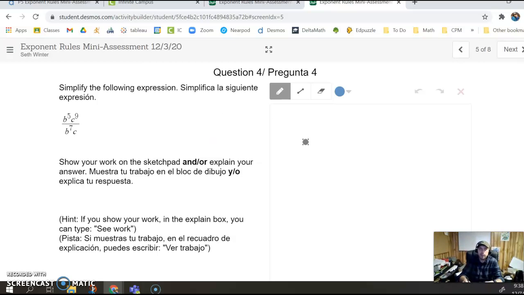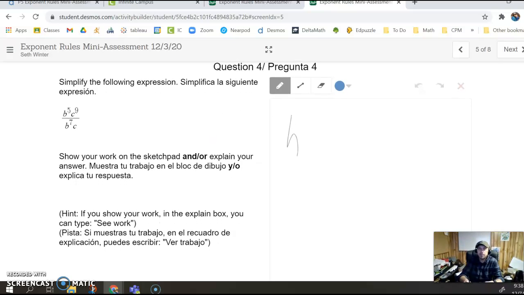This one's a little trickier, but of course, you got to show what you know. So I have b to the fifth over c to the ninth, b to the seventh over c to the ninth, or c to the first. So if we have a variable over a variable, with these exponents, we use that quotient rule.